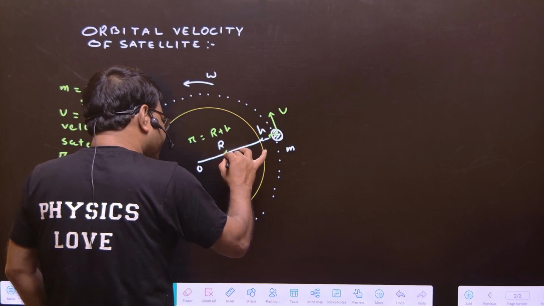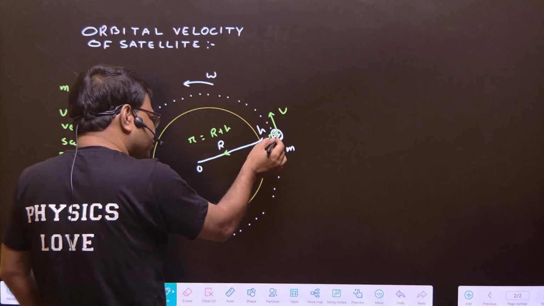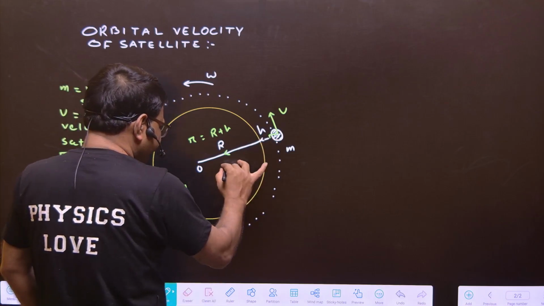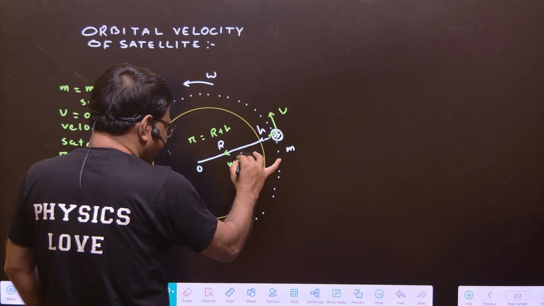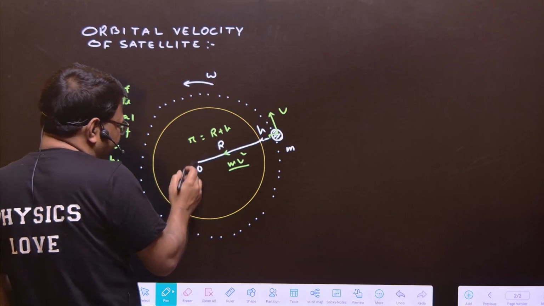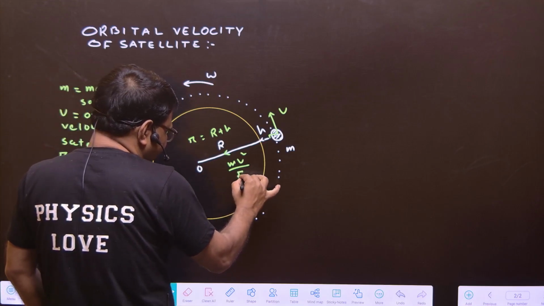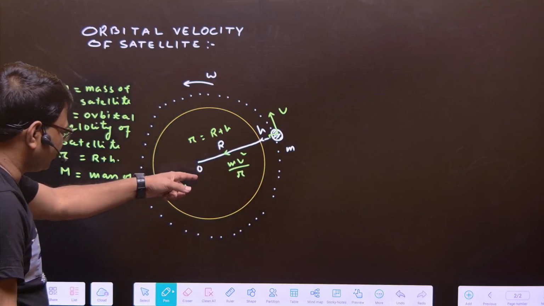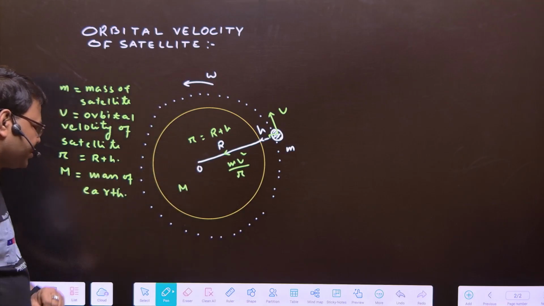What will be the centripetal force of the satellite? It is mv square divided by the total distance from the satellite to the center of the earth, that is small r. This is mv square by r. It is acting towards the center.